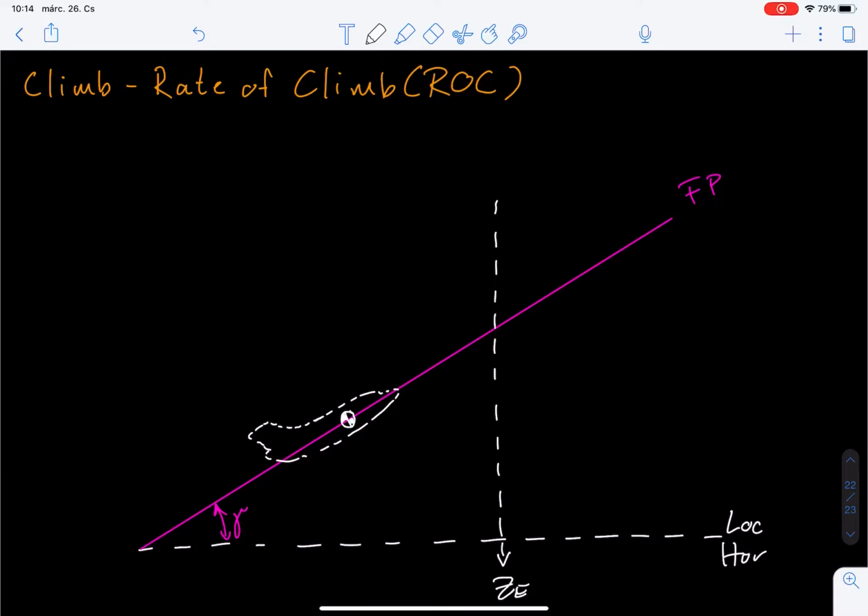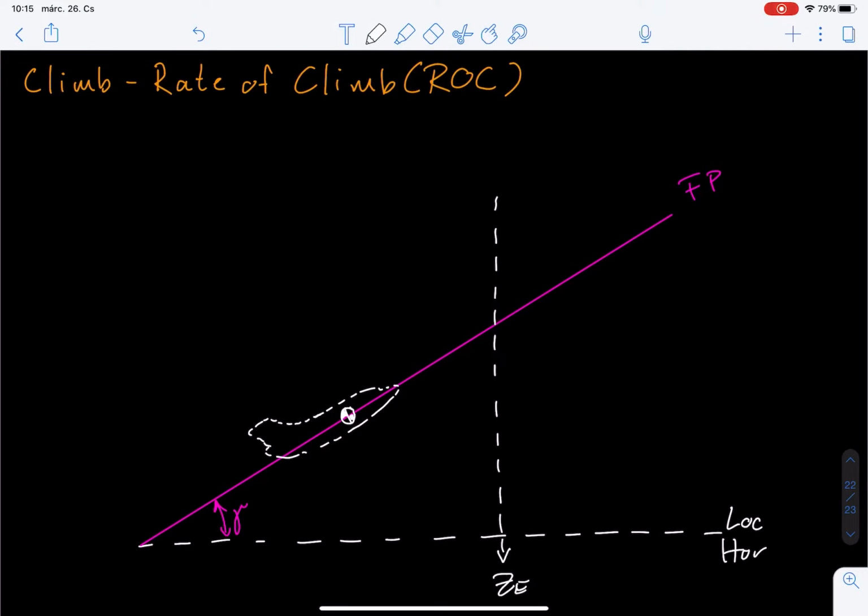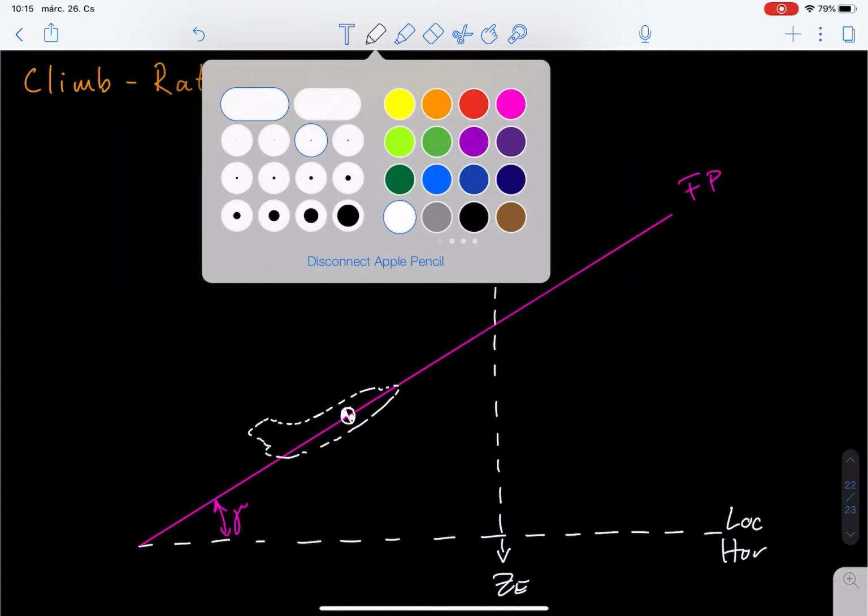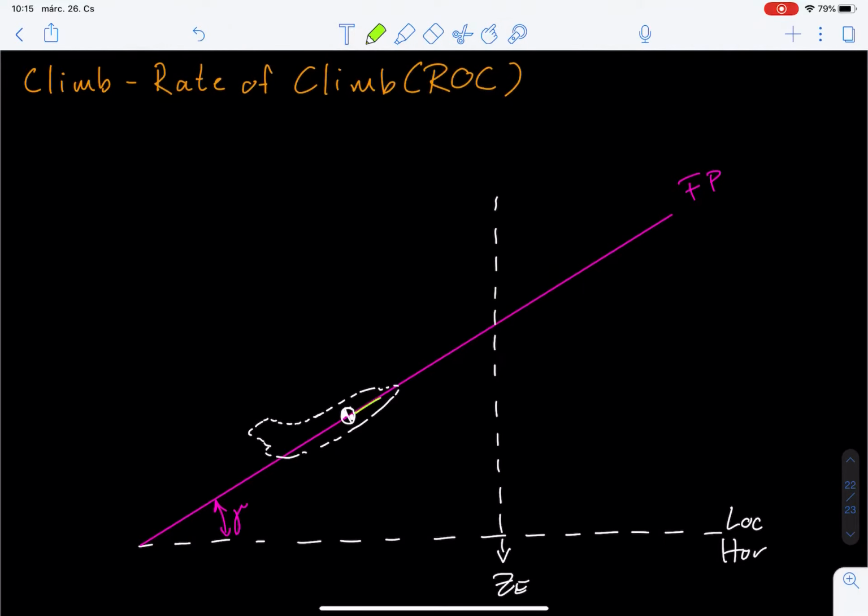Okay, but what's going to be even more important, and here we'll have to make a differentiation. So when we sketched up the climb so far, and when we've talked about the true airspeed with regards to its direction, we said that the true airspeed would be acting in the negative longitudinal direction of the aircraft.